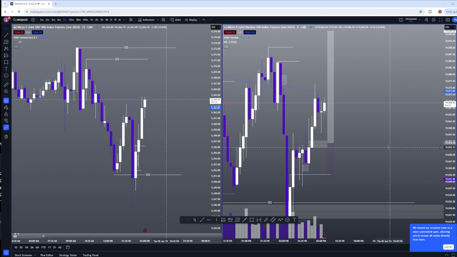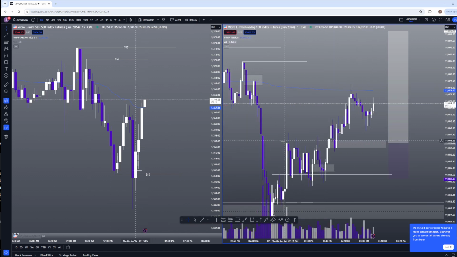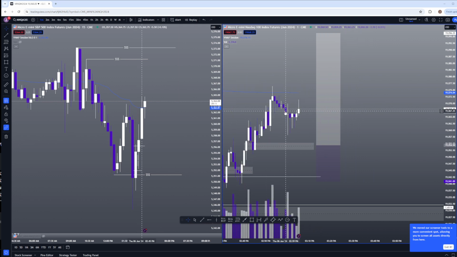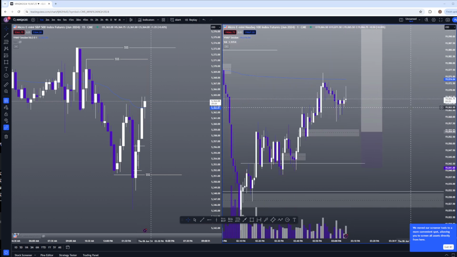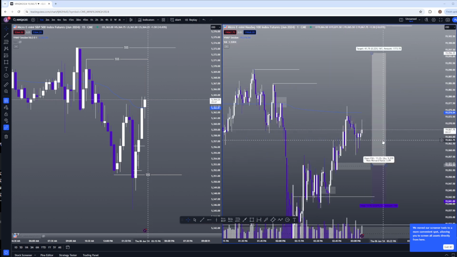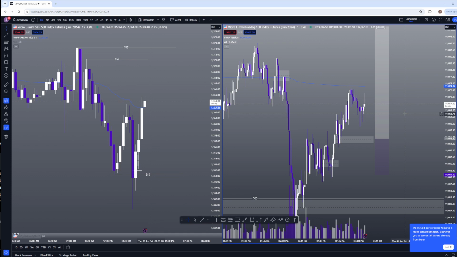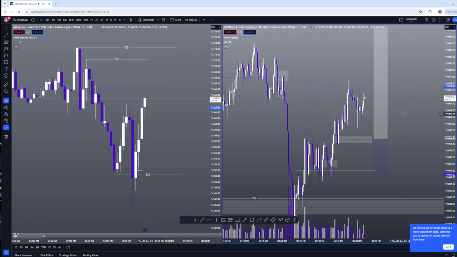But guys, I don't think I'm going to take a trade here. I know we're slowly trending up, but I just don't like this price action. I don't like it. I'd rather just walk away from the computer. Just take a step back.